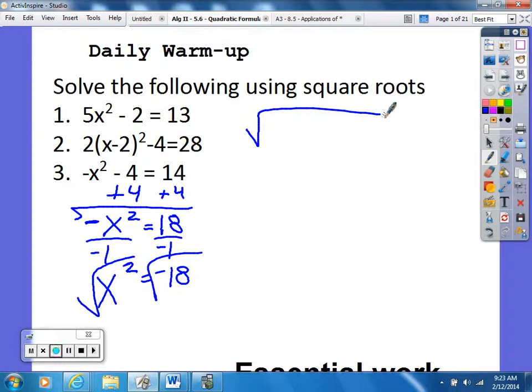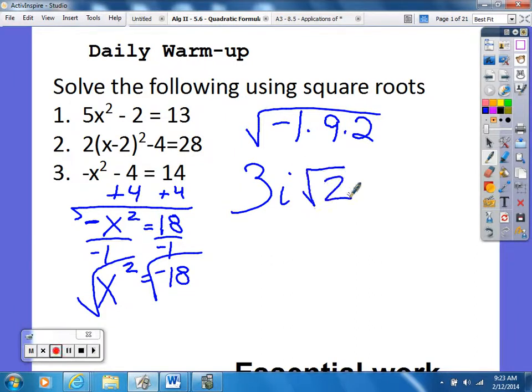It does, yes. It's going to break up into negative 1 times 9 times 2. So I get 3. That negative becomes what letter? i. Square root of 2. So the plus or minus, those are my 2 answers. Any questions on that problem?